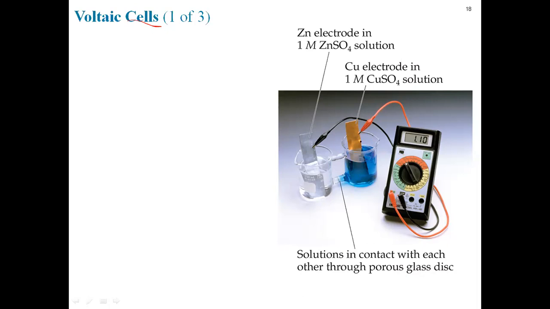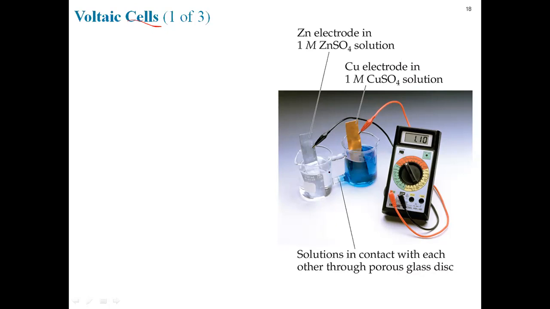By the reduction or oxidation potential, zinc is relatively easier to oxidize, and copper is more eager to be reduced. Oxidize means lose electrons, reduce means gain electrons. Therefore, there's a natural tendency for electrons to flow from the zinc to the copper.